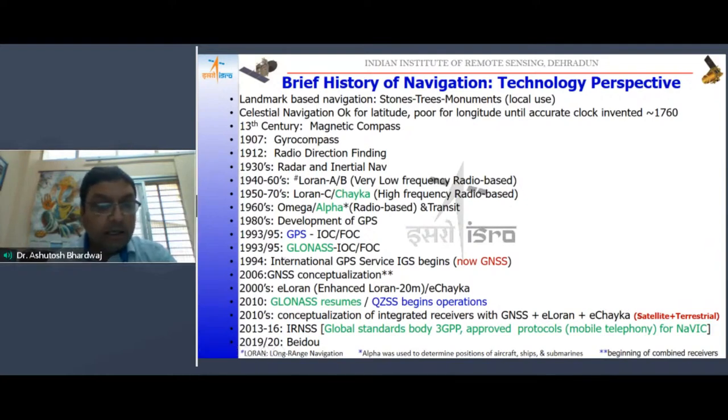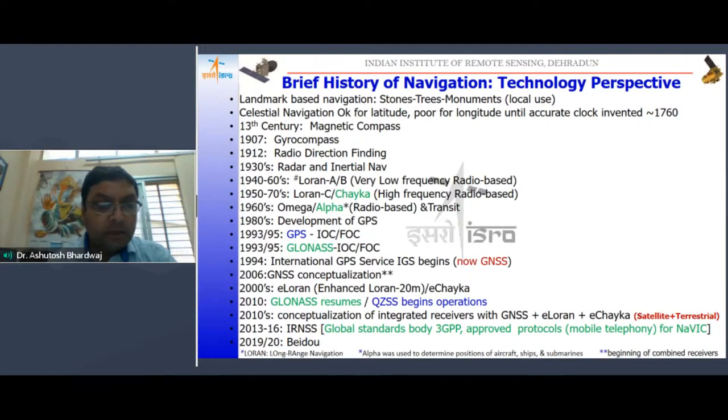And then the International GPS Service, IGS, was started in 1994. Now the Cold War era also disappeared and things became smooth.